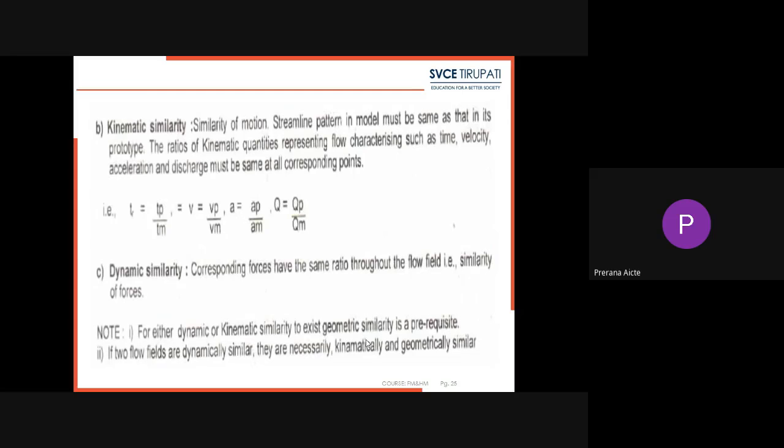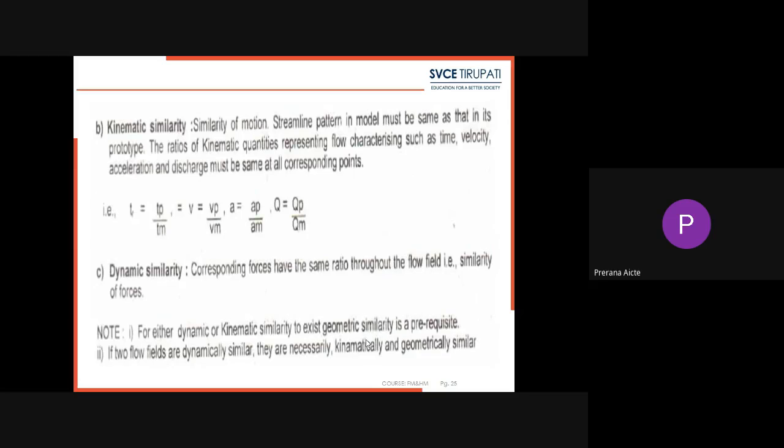And then kinematic similarity, also known as similarity of motion. The streamline pattern in the model must be the same as that in its prototype. The ratio of kinematic quantities representing flow characteristics, such as time, velocity, acceleration and discharge, must be the same at all corresponding points.